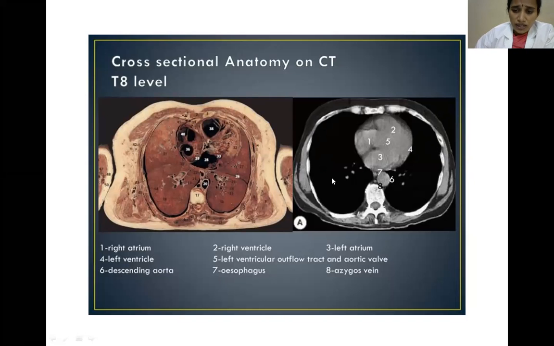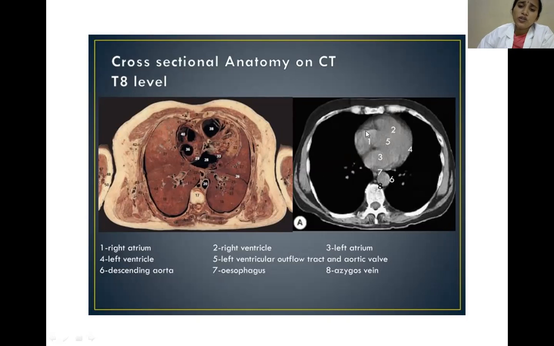Next, what you can see are the lung fields. These are the two lung fields, right lung and left lung. Why do the lungs appear black in color? Because they are air filled, and the air will not absorb the rays. Whatever rays are passed through the lungs will not be reflected, but will pass through.